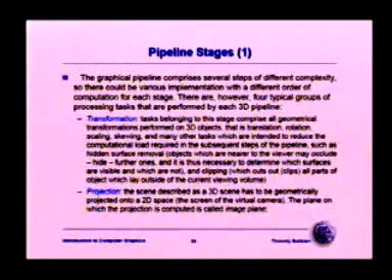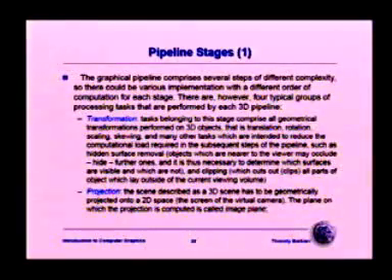This pipeline has different stages. The order of the pipeline and the complexity and exact sequence of transformations and operations of each pipeline is up to the specific rendering engine.